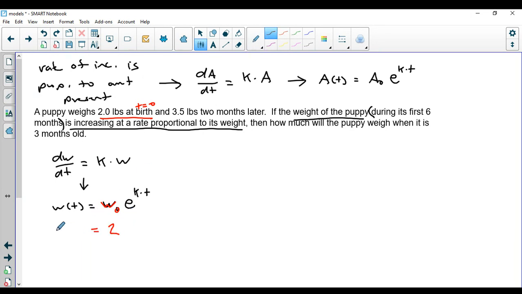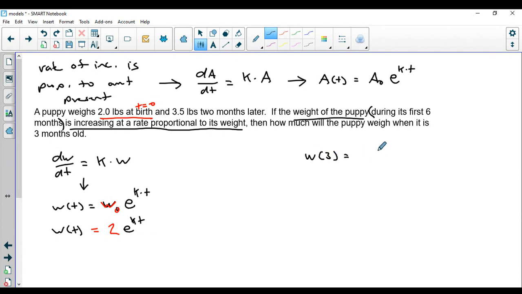We're still not out of the woods, unfortunately. So we end up getting this, and you're like, all right, this is all good. Now let me answer the question: how much will the puppy weigh when it's 3 months old? I want to figure out the weight of the puppy when the input is 3.